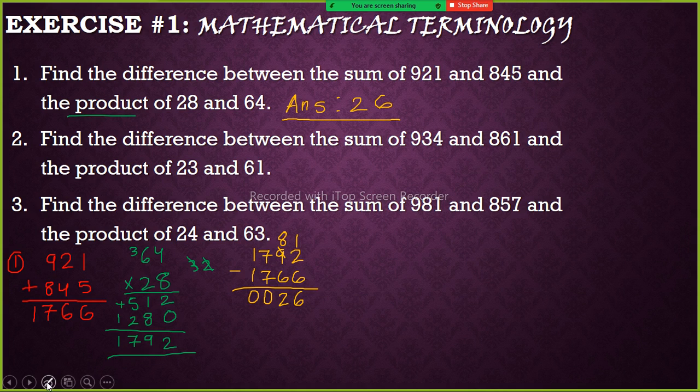So number 2, we're gonna add them first, and then so we're gonna add 934 and 861. So 934 plus 861. When you added them, what did you get?